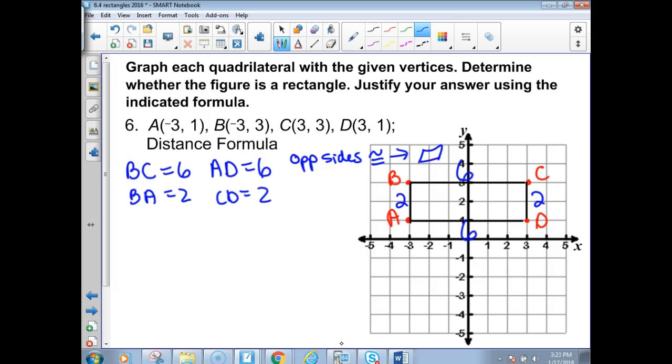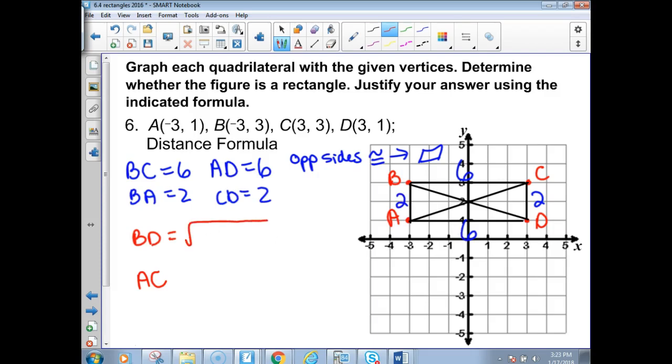All right, now we need to prove if it's a rectangle. It said we needed to use the distance formula, so we want to see if the diagonals are congruent. So we want to know, is BD congruent to AC? We want to find the length of BD and AC. Let's use the numbers we have on our picture. Pythagorean theorem, 2 squared and 6 squared, basically is what we're doing.